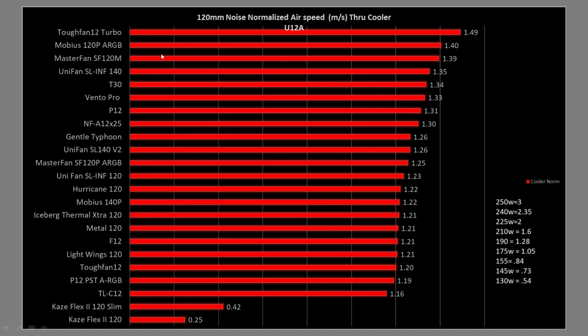That's a pretty good result for noise normalized values. And just for a reference point, here is the A12X25, widely regarded as the most versatile fan currently available on the market. I personally own like 4 of these fans, although currently none of them are in computers, ironically. But anyways, we got the General Typhoon on here, and you can see how they rank. These are all noise normalized results.